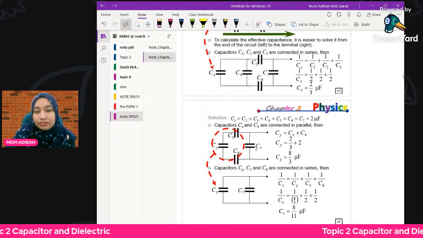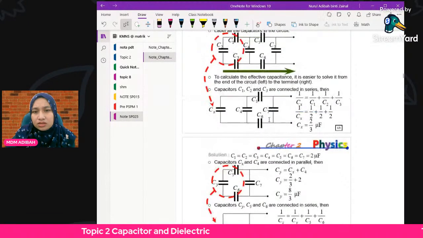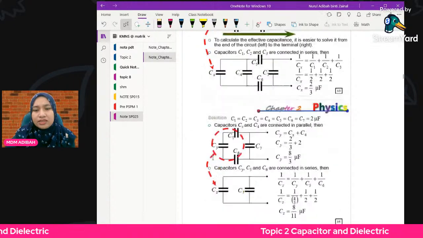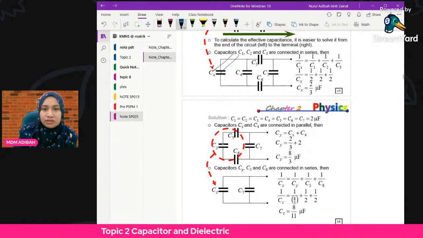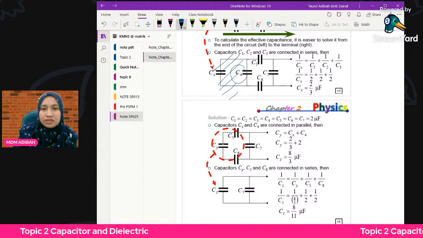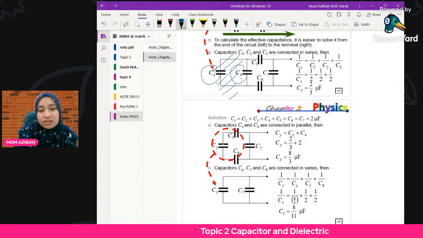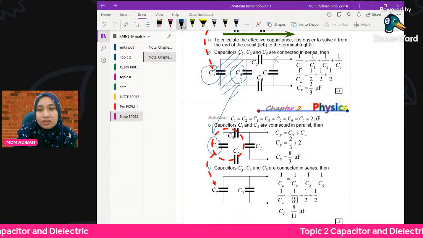Kemudian dapat CY dekat sini. CX dengan C4 akan jadi CY. Okay, now boleh tutup laluan di sini. Ini dah jadi dengan CX adalah parallel. So parallel kita tambahkan saja jadi CY.